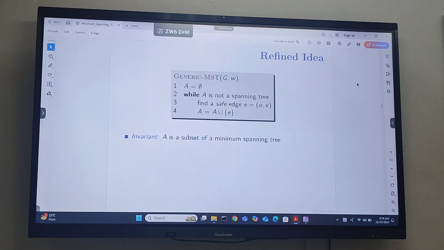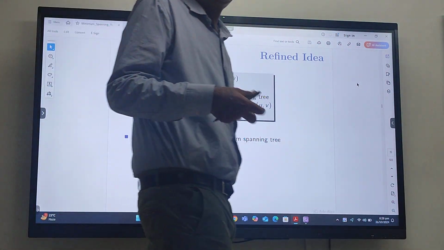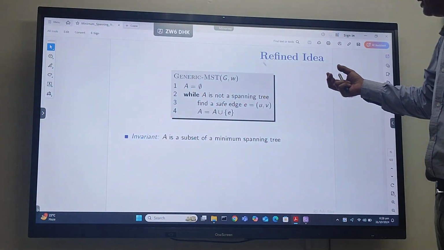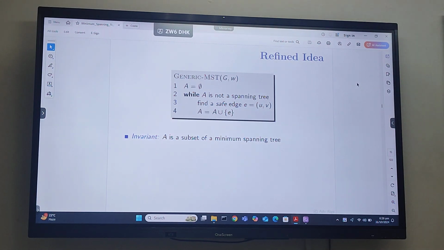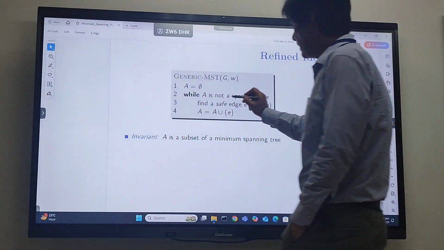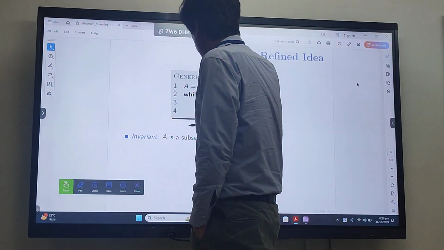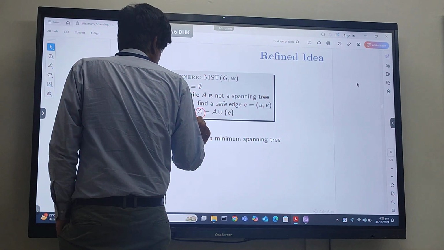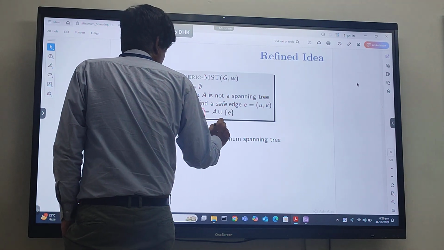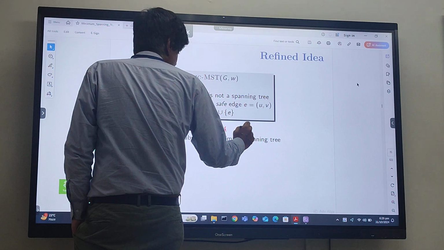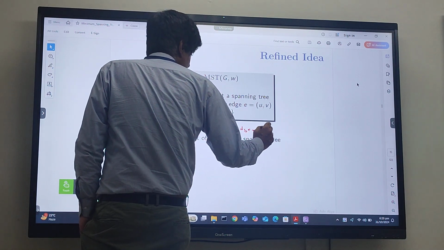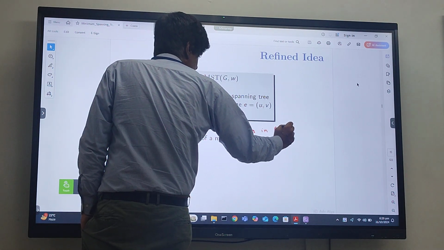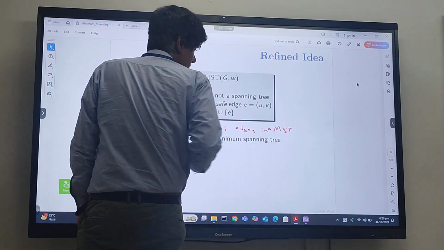So the invariant is: what is this loop trying to do? In every iteration of the loop, the A that is calculated is always a subset of edges in the MST.